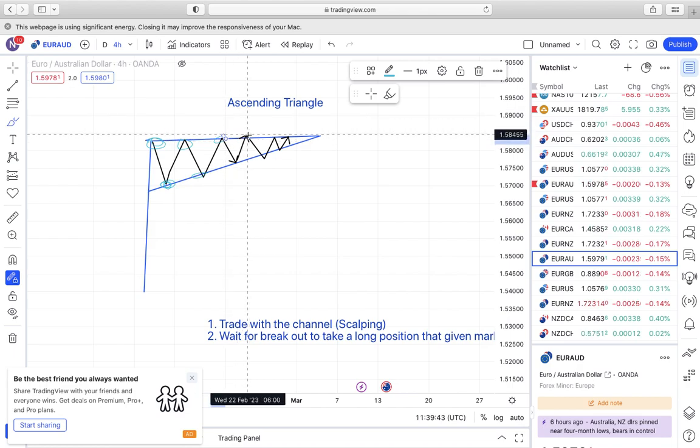You buy at the demand zone and you sell at the supply zone. Demand zone is always the support, as you know very well.